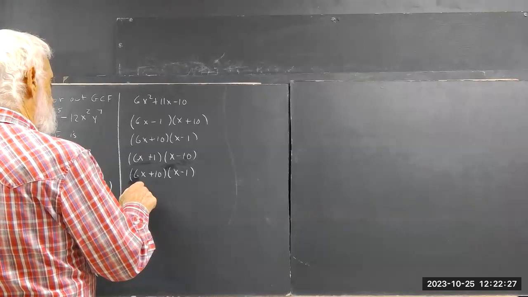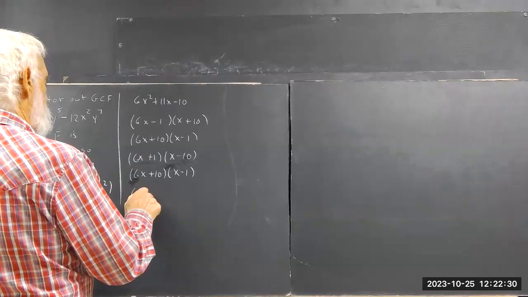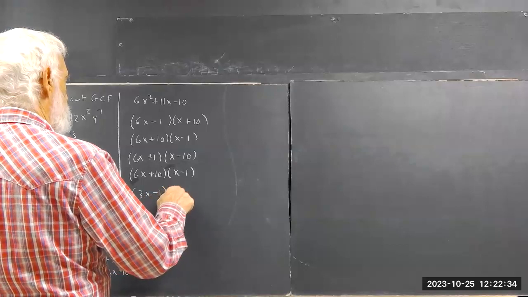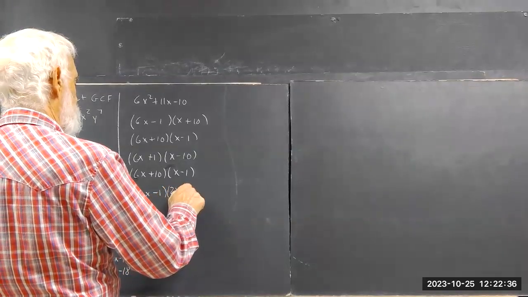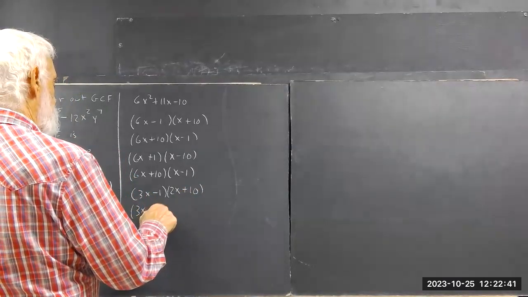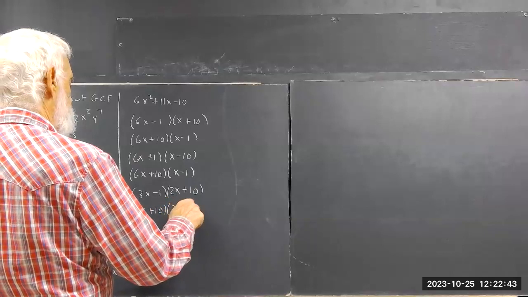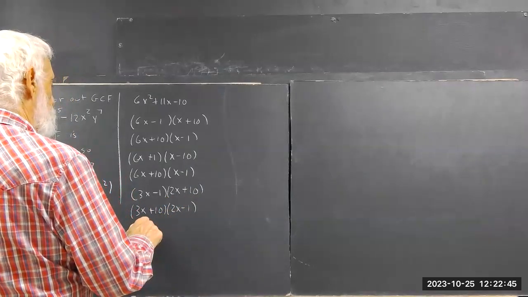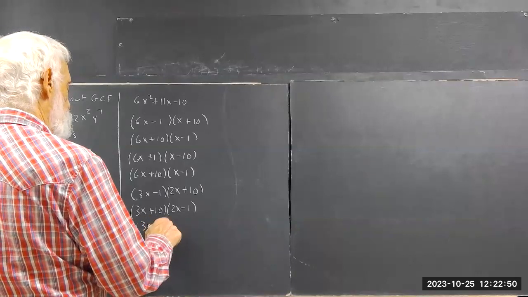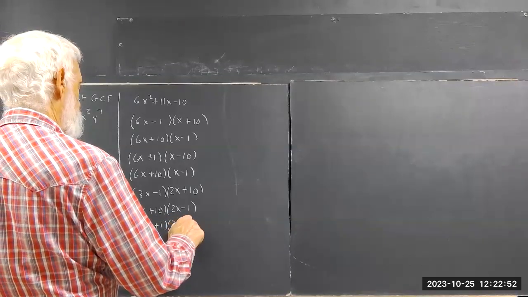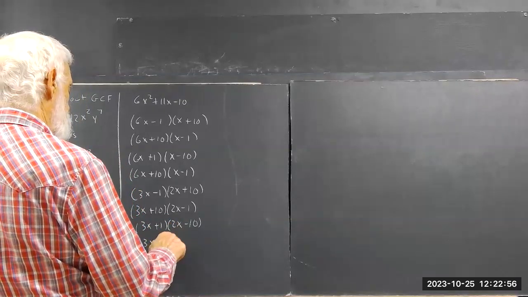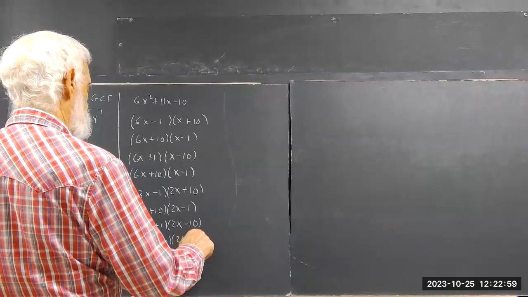And then we could have 3x minus 1 and 2x plus 10, or 3x plus 10 and 2x minus 1, or 3x plus 1 times 2x minus 10, or 3x minus 10 times 2x plus 1.